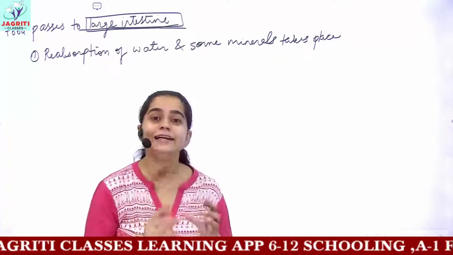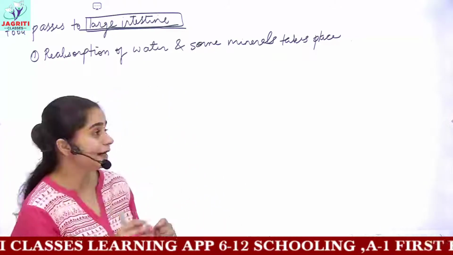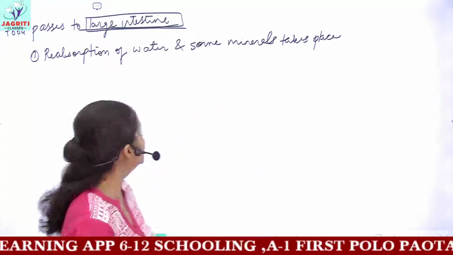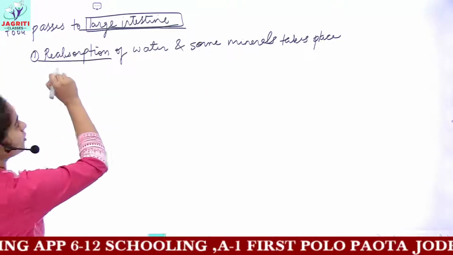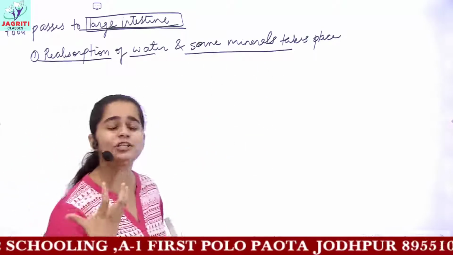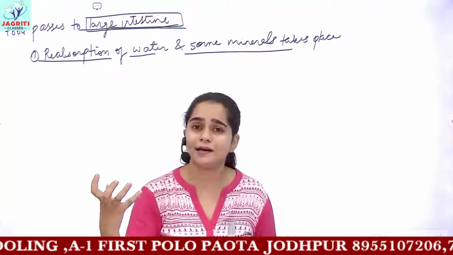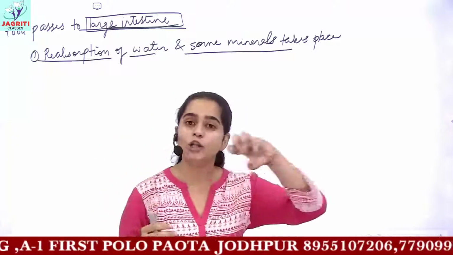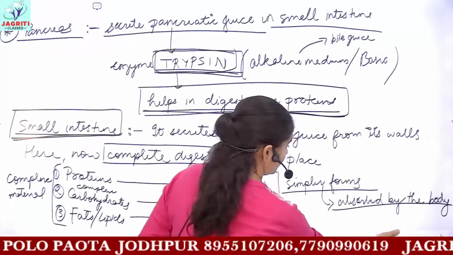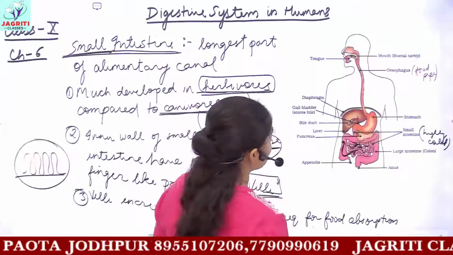It is again a coiled tube-like structure, but it is not as coiled as compared to the small intestine. Okay? So in the large intestine, reabsorption of water and some minerals takes place, and now your food, which is not actually food, the waste material remaining after absorbing all the nutrients from the food, the waste is then excreted out or passed out.